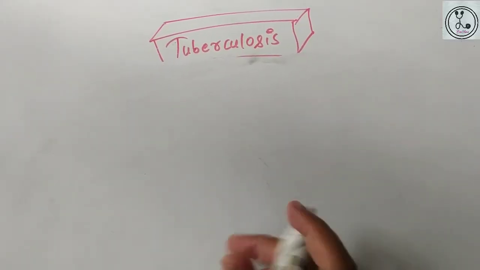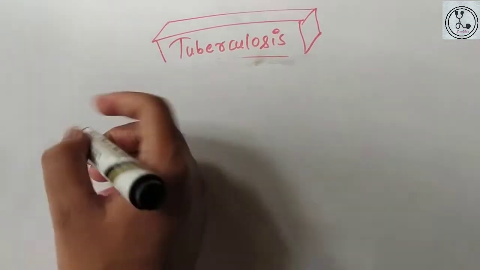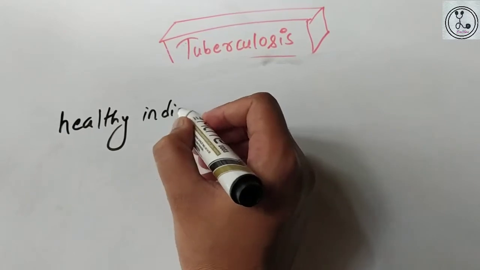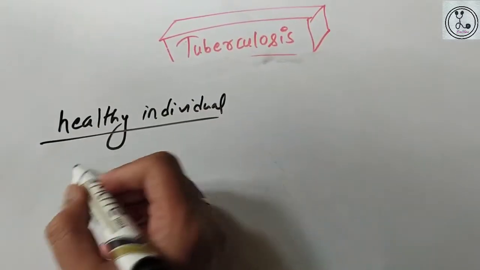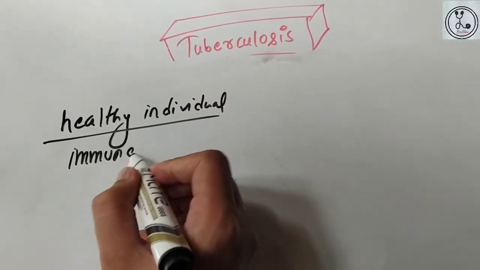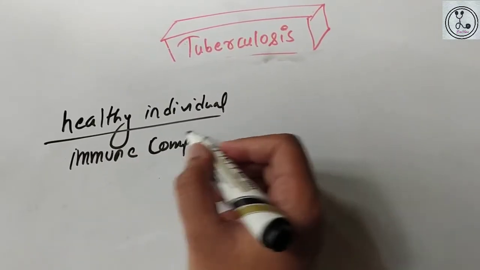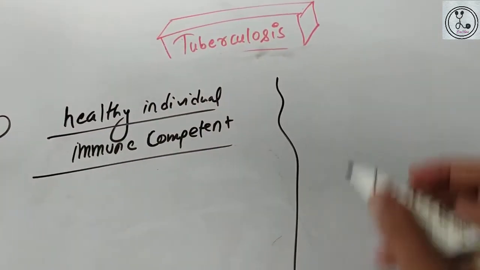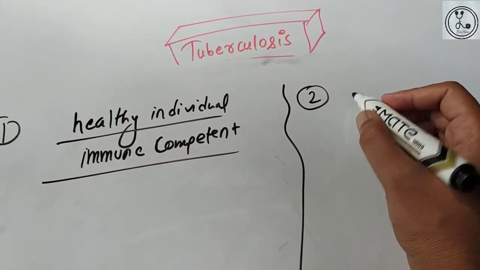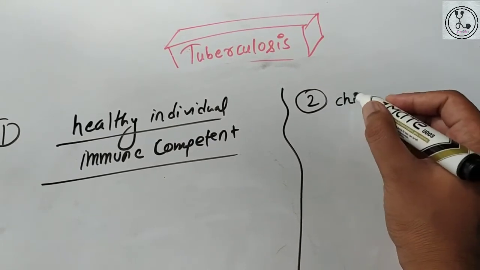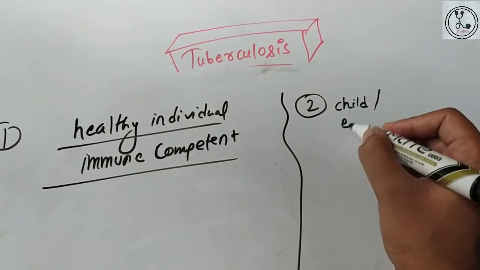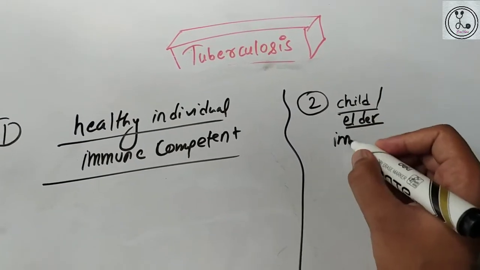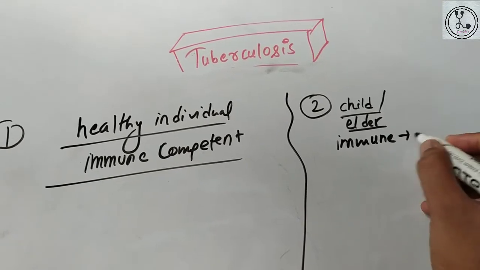Now let's suppose there are two types of person. One person is a healthy individual, who is immunocompetent. And let's suppose there is another type of person who is a child or an elderly patient whose immune condition is somehow poor.